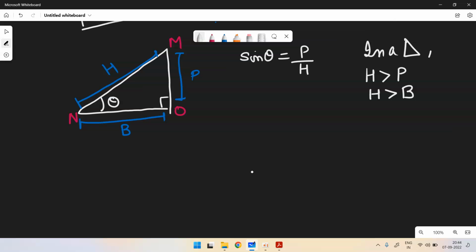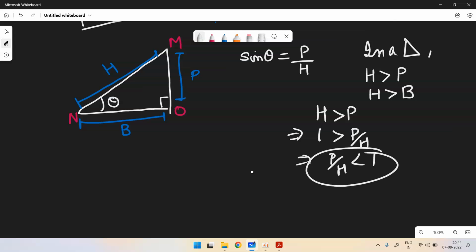Now if you divide the whole equation by H, that is 1 is greater than P by H, or inversely P by H is less than 1. So sine theta is always less than 1.